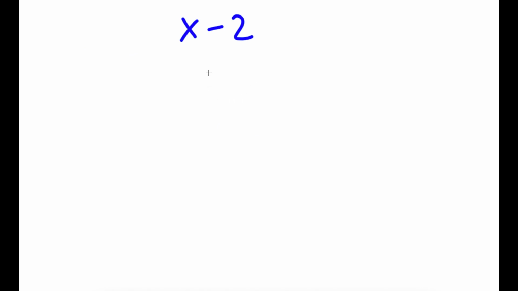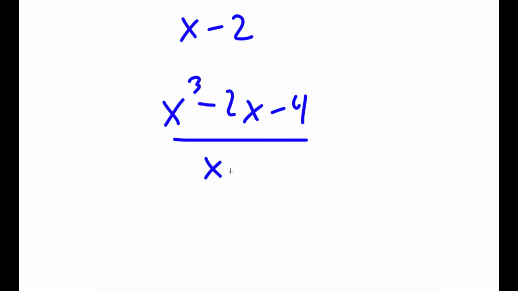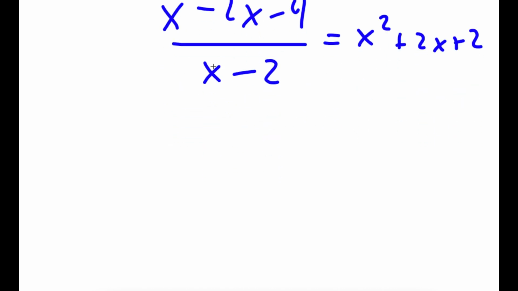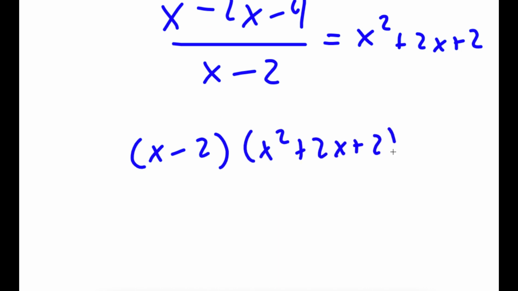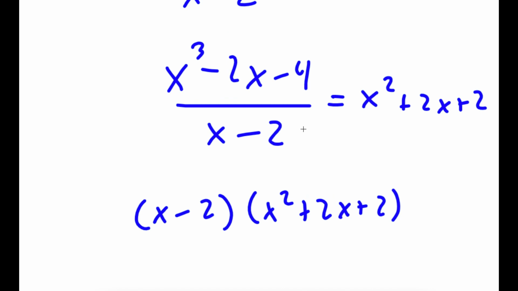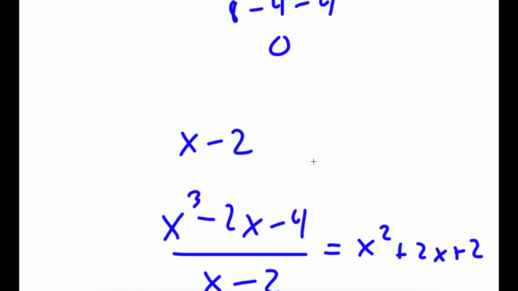So now, if I divide x to the power of 3 minus 2x minus 4 by x minus 2, I'm not going to waste your time by actually dividing these two, but if you do divide these two, you should get x squared plus 2x plus 2. So this is the same thing as x minus 2 times x squared plus 2x plus 2 is equal to 0.